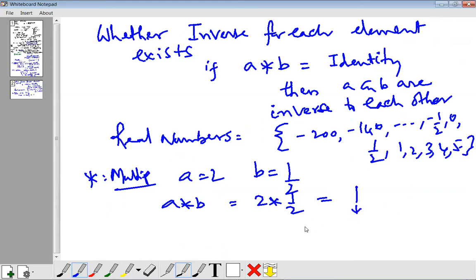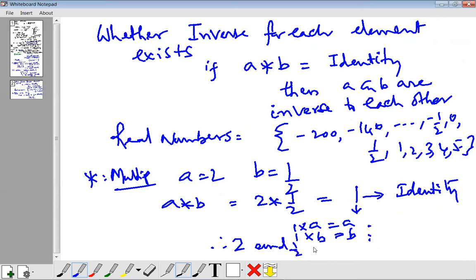Obviously 1 is the identity, because 1 into A equals A, 1 into B equals B. Therefore 2 and half are inverse to each other. So that's an example for inverse. So these are the definitions. Again, you will get 1 mark questions on whatever I covered from definitions 10, 11, 12, 13, or 14. So the operation is called invertible or not, whether invertibility is possible, and if it is possible, which of them are inverse to each other.